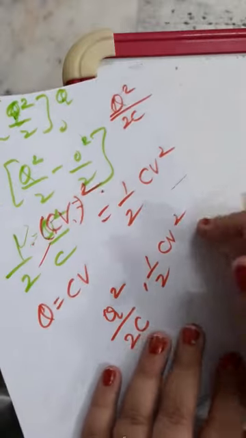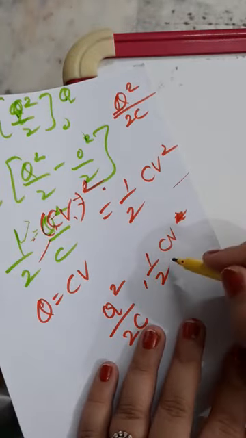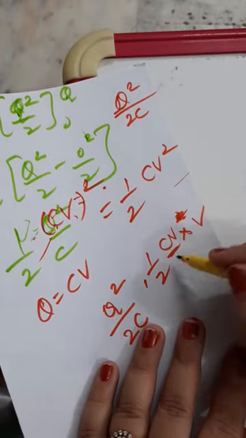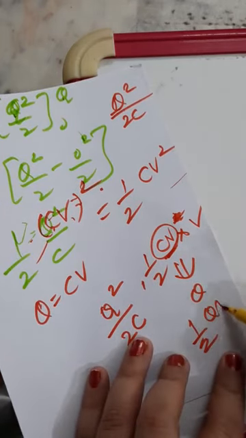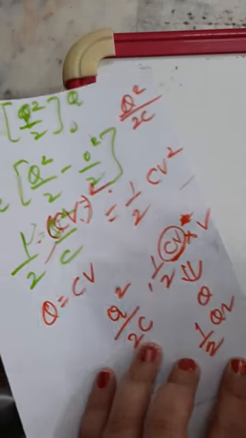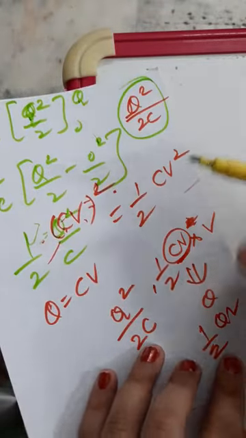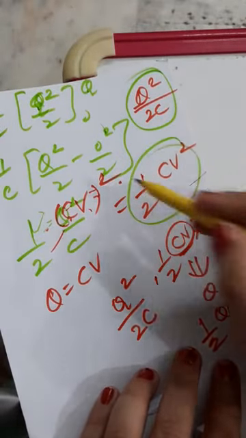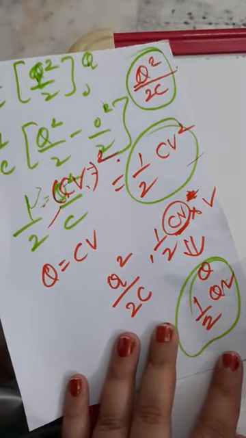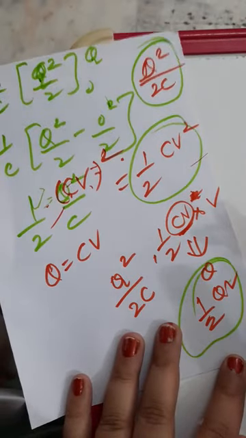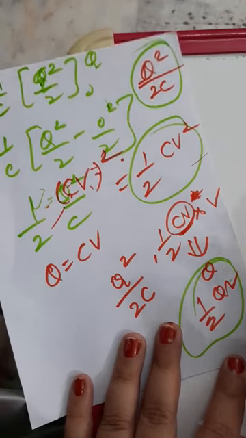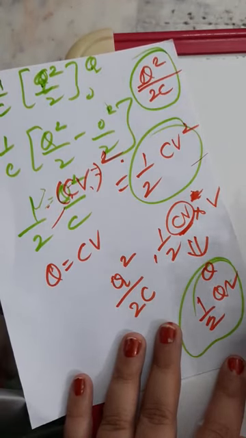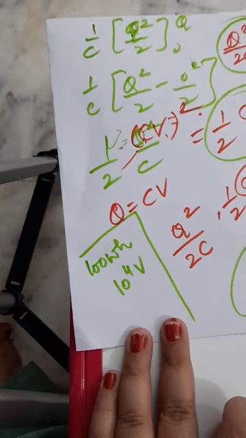Half CV square can be written as half CV into V, but CV is equal to Q, so the other relation will be half QV. So we have got three relations: this is the first relation, this is the second relation, and this is the third relation. These are three expressions for energy stored in a capacitor. You can use whichever one suits the values given to you.